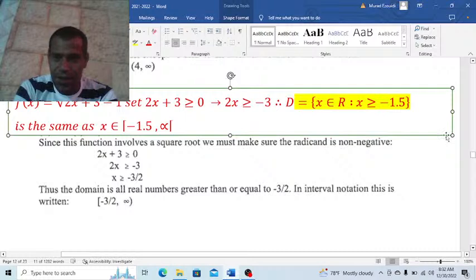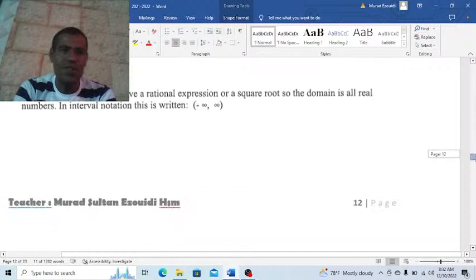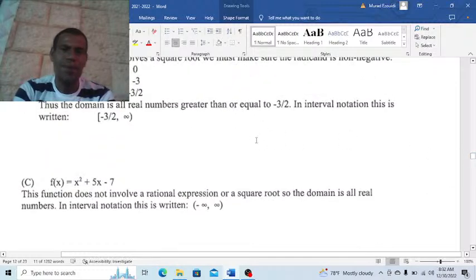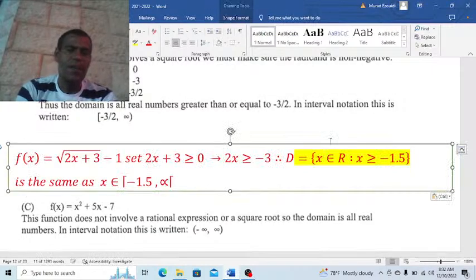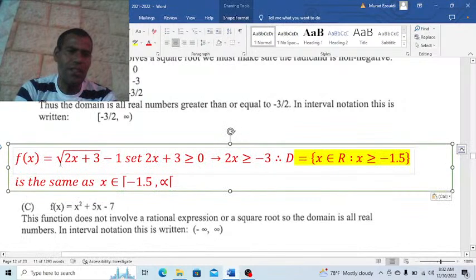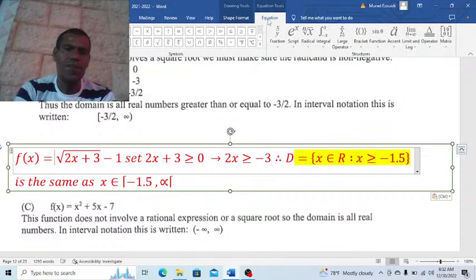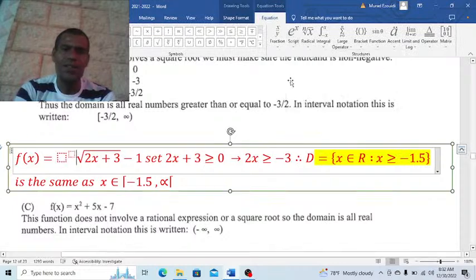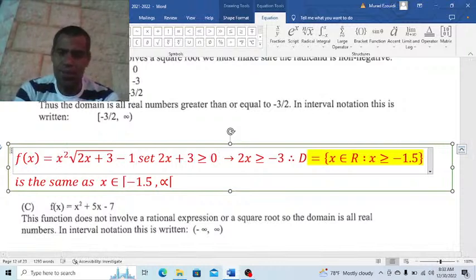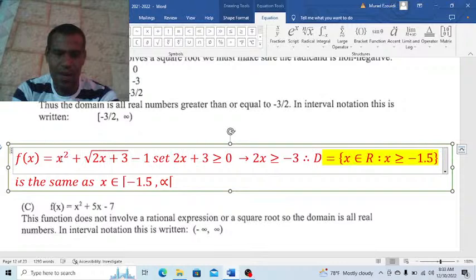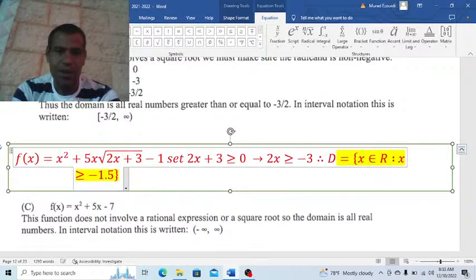Now, learners, for the second equation, suppose f of x is equal to x squared plus 5x, plus what else? Minus 7.